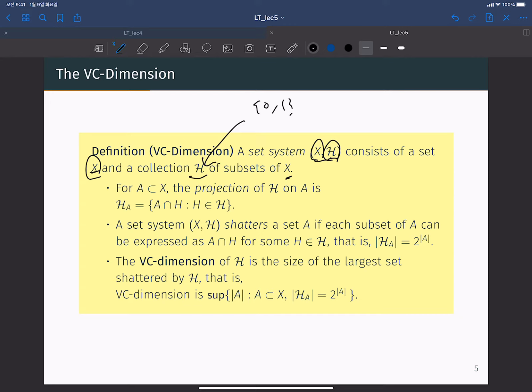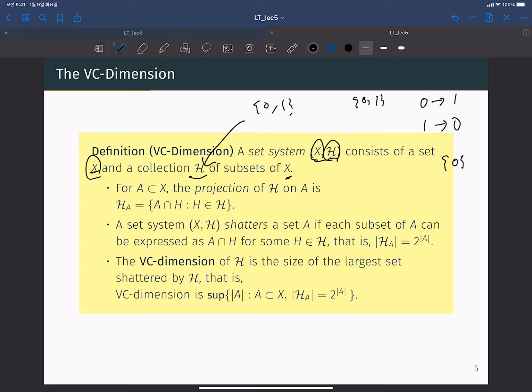For instance, if X is 0 and 1, and your hypothesis maps 0 to 1 and 1 to 0, then the subset of X that represents the hypothesis is this singleton set, right? So we can represent a hypothesis class using subsets of the input domain X.